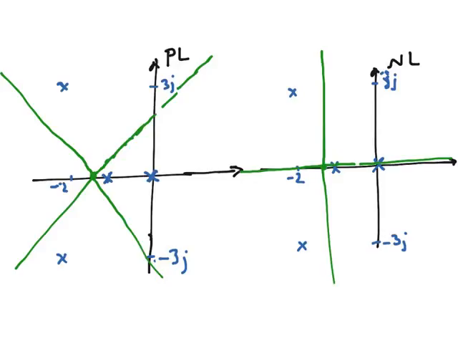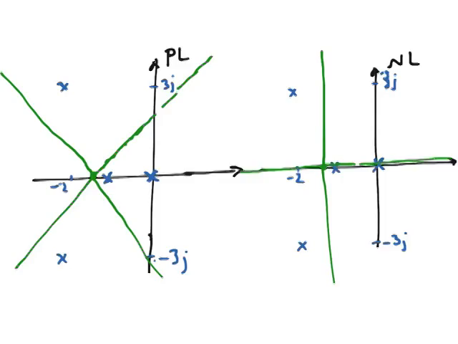Now let's see what are the sections of the real axis which belong to our root locus. For positive locus, again, we need to have an odd number of poles and zeros on the right hand side. Looking at the position of the poles, we can say that the region between minus 1 and 0 belongs to the positive locus. So this is the only region that we have.